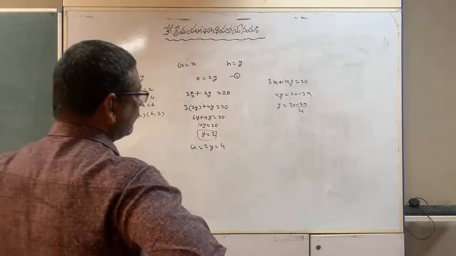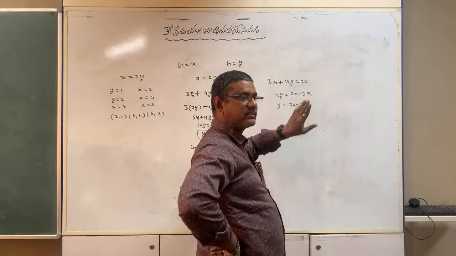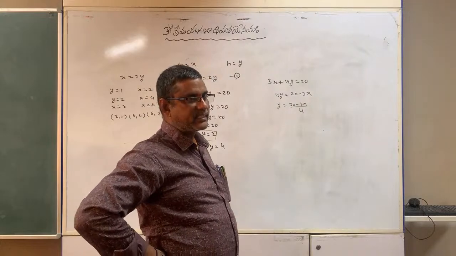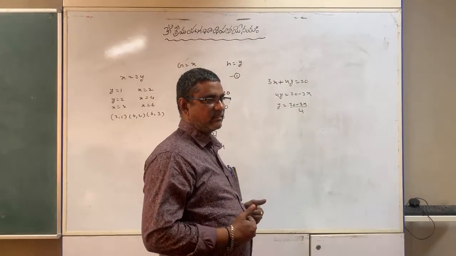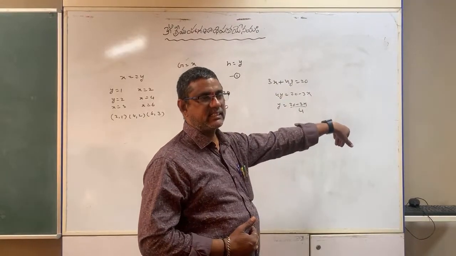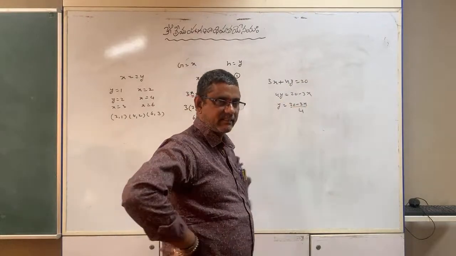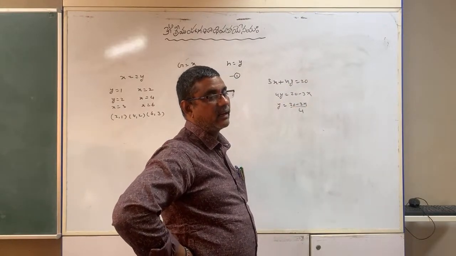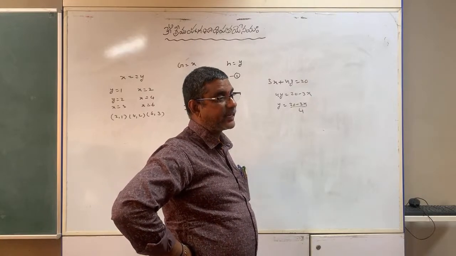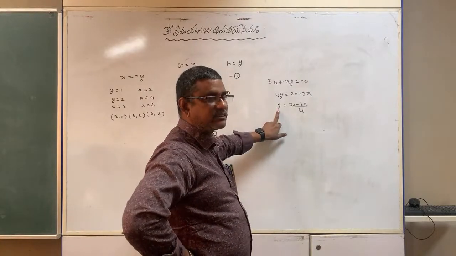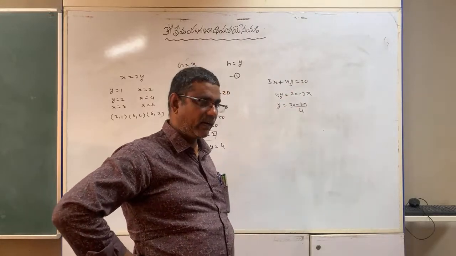See, what we can write is: expressing y in terms of x. Y is equal to 20 minus 3x by 4. Expressing y in terms of x. Or there is another name, subjecting y. That is, y is on the RHS and everything else on the LHS. That is also called subjecting y.